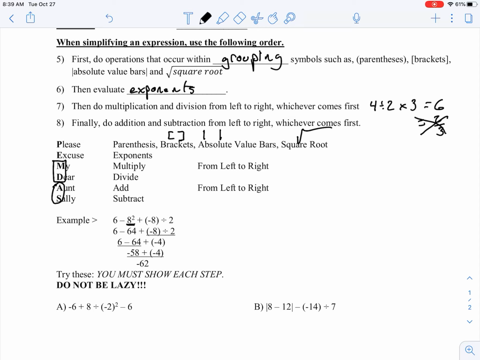And then they took care of the multiplication and division, but there's no multiplication here. So -8 divided by 2 got them to this -4 here. And then we can go from left to right with addition and subtraction. So 6 minus 64 is -58. -58 plus -4 is -62.